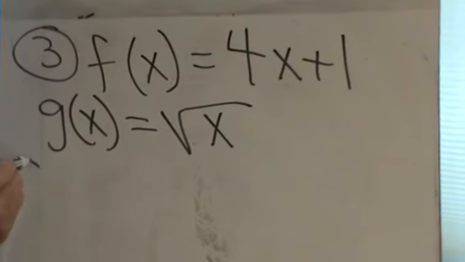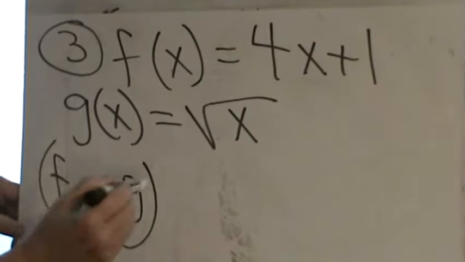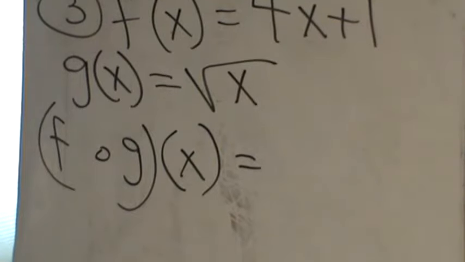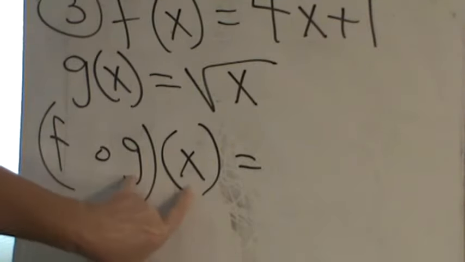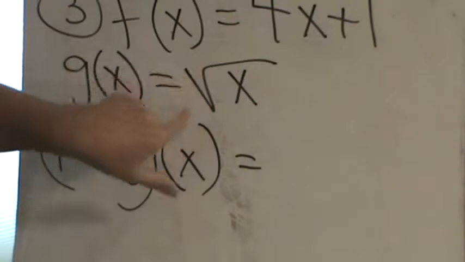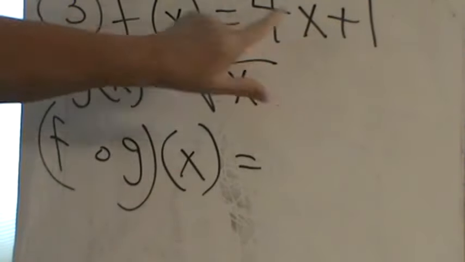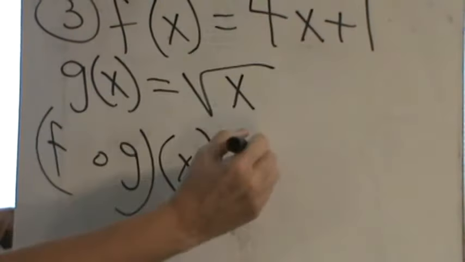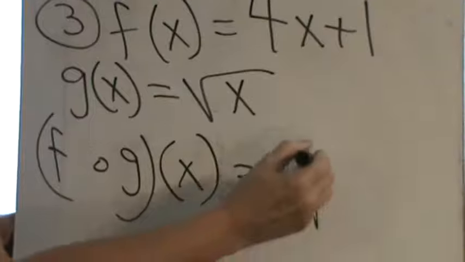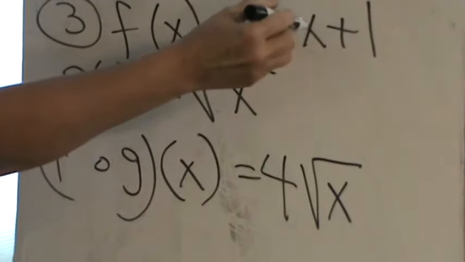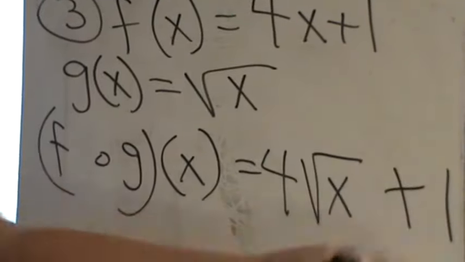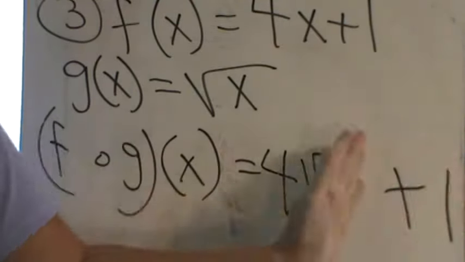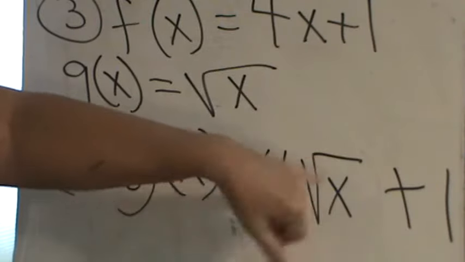So when they ask for the f of g of x, the principle does not change. The technique: take your g of x, this expression, square root of x, and put it on top of x. Don't just take the x out of there, so you'll have your 4, but you're going to have a square root of x instead of x, and then you still have your plus 1. Be sure the plus 1 is way out, not underneath that radical.